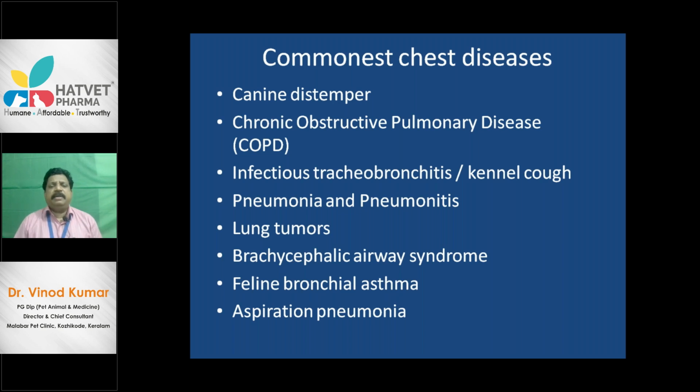Feline bronchial asthma, of course, there will be severe expiratory, not inspiratory, there will be severe expiratory dyspnea. You can see like heaves it develop and a sound will be seen.